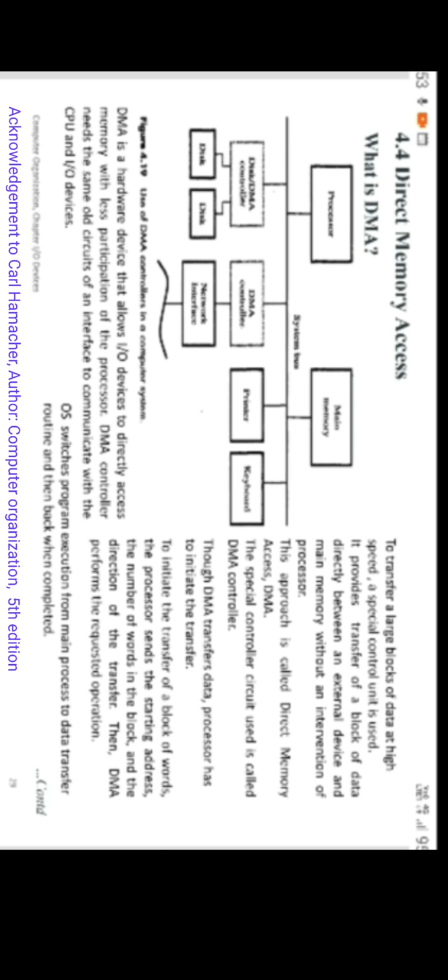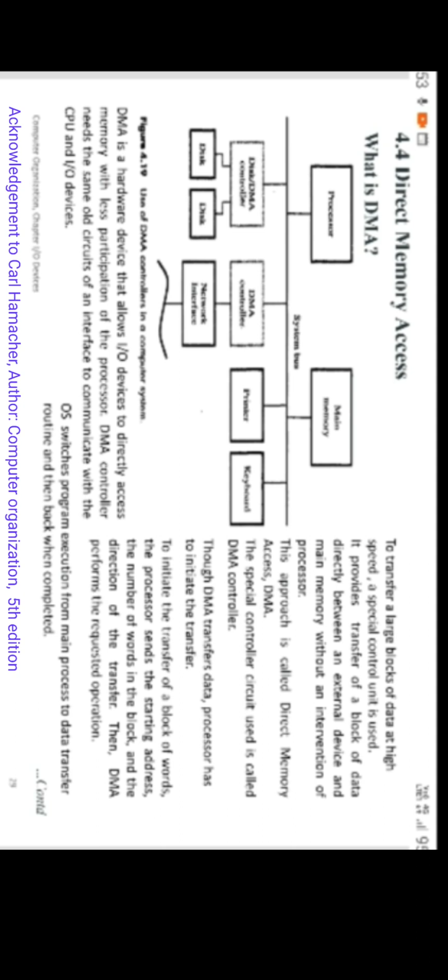The figure shows the processor and memory, which are connected through the system bus, and the IO devices, keyboard and printer, are connected over the same system bus to the processor and memory.